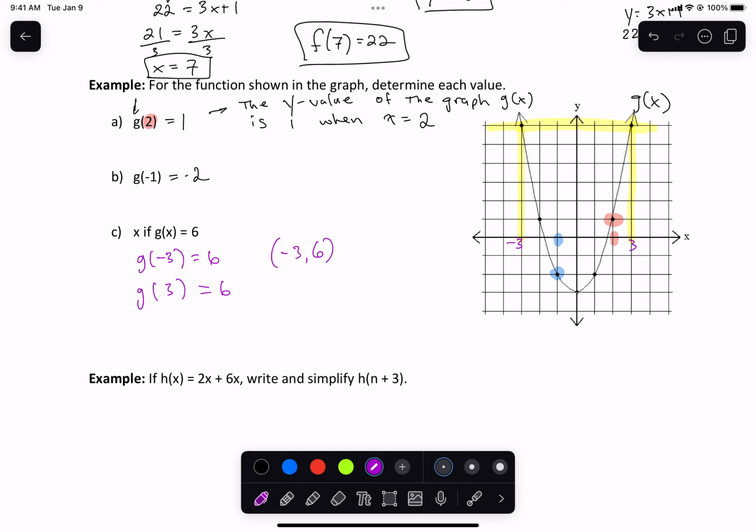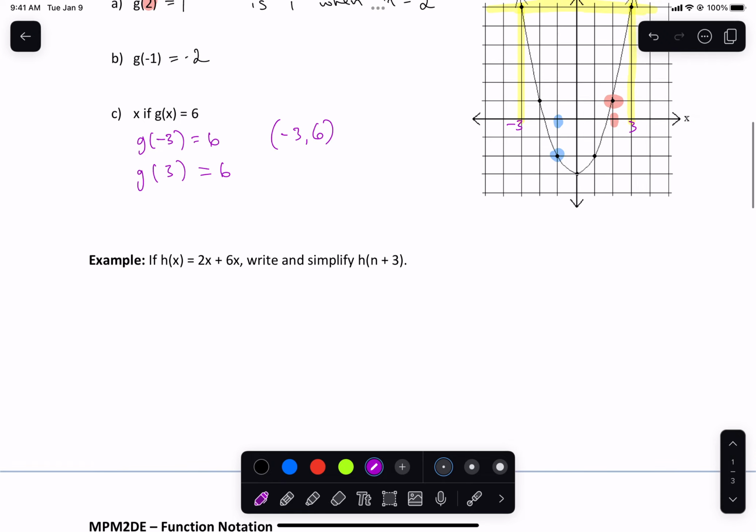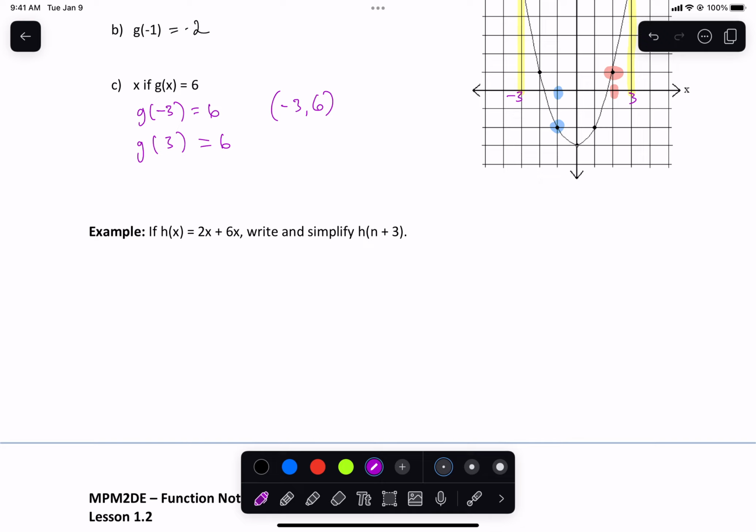Okay. Next one. We also get to have a little fun by taking functions and putting them inside other functions and seeing what comes out. That sounds like fun. I made this question a little easier. It had a squared on it for the other class, which we haven't done yet.